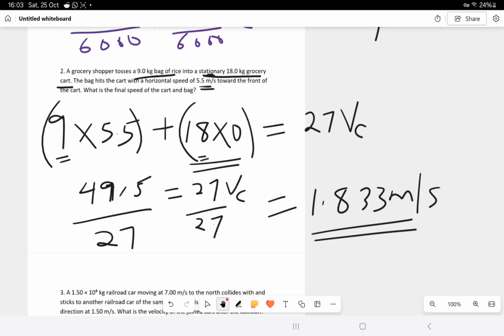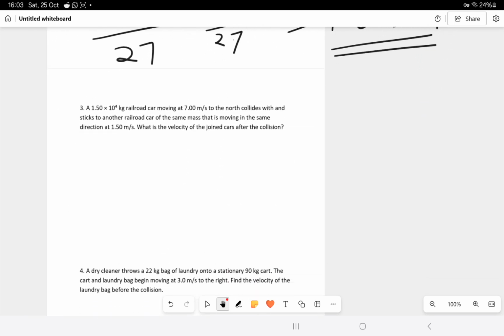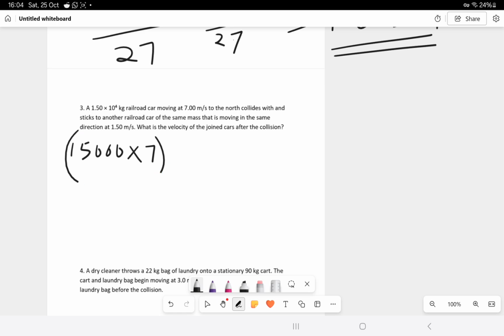Very good. Next question. Now you're given 1.5 times 10 to the power 4. This is the same as 15,000, so M1 is 15,000, moving at 7 to the north, collides and sticks to another railway car of the same mass.